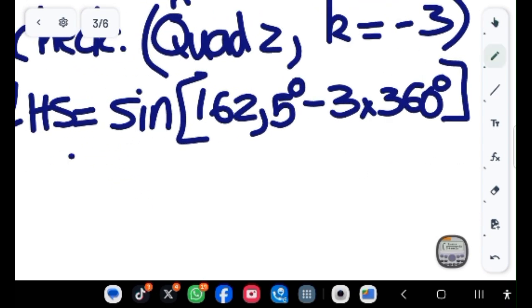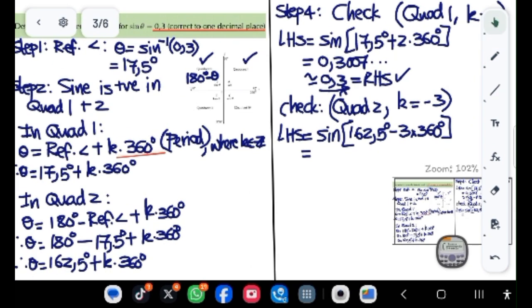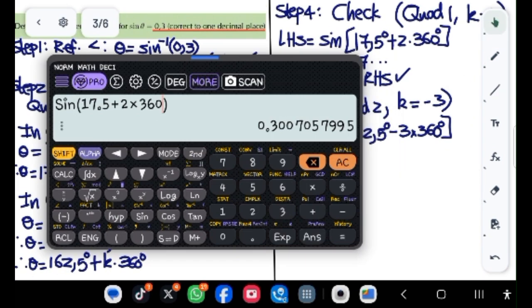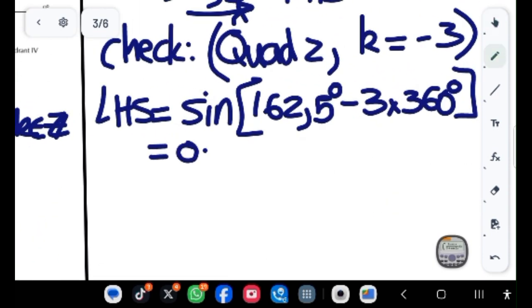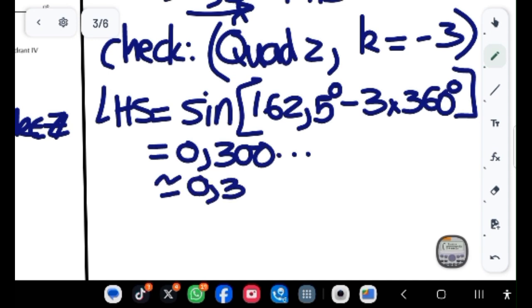Okay, take out the calculator. Let's punch that. So that is sine of 162,5 minus 3 times 360, and that gives us 0,3007 and so on, which is approximately 0,3, which is equal to the right hand side.